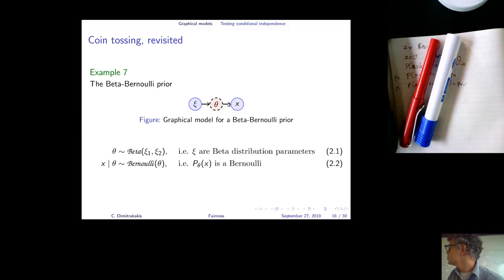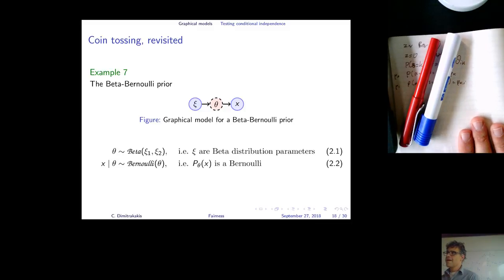Let's take the coin tossing model, right? So for the coin tossing model, you assume there is a coin whose distribution of heads and tails is governed by some Bernoulli law, yeah? With some unknown parameter theta, let's say. Yeah, theta takes values between 0 and 1.